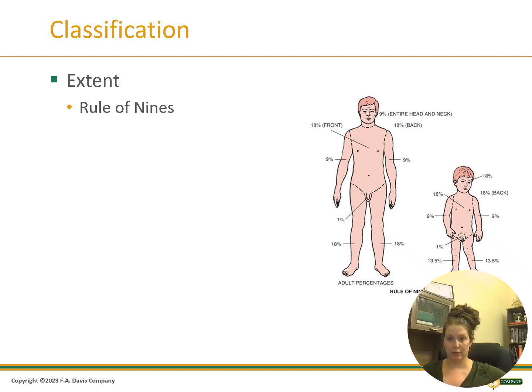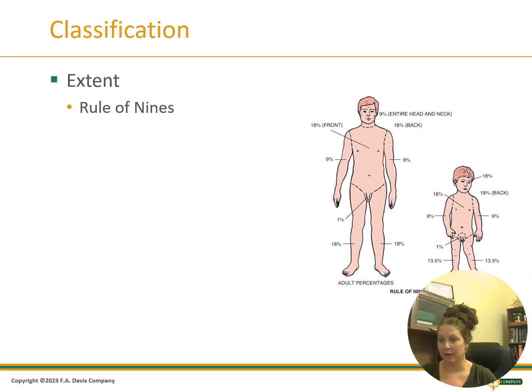Our legs are also the same way. Front is 9%, back is 9%. So each leg, if it's fully burned, can equal 18%. So front and back to equal the 18, and then front and back of your arm to equal 9. Alrighty, front of the trunk is going to be 18%, back of the trunk 18%, and then your perineum 1%.